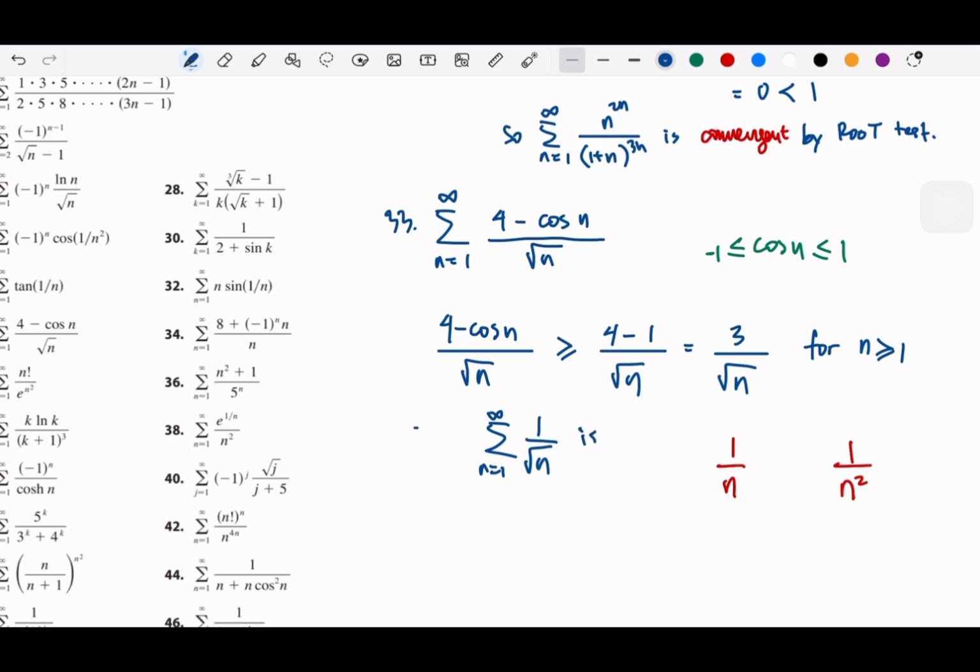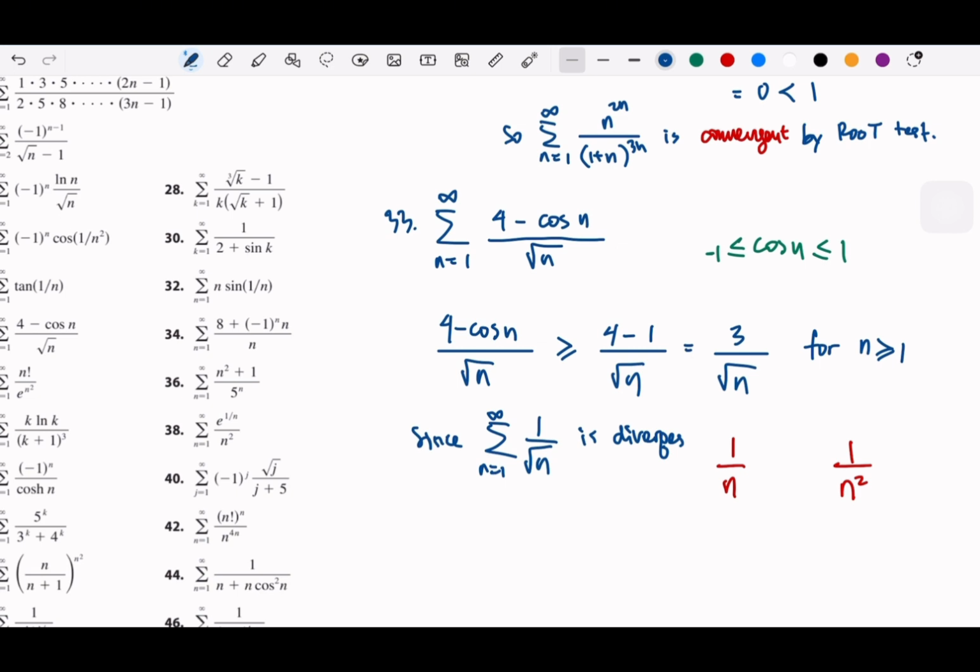So since this is diverged, and our value here is greater than this, if this is diverged, then this should be diverged. Okay?